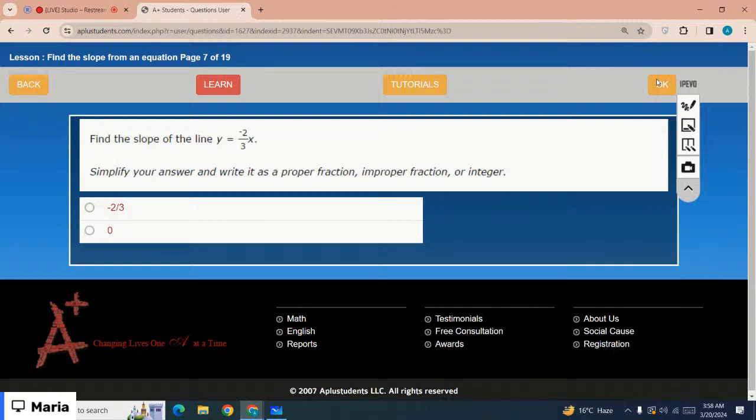Find the slope of the line y equals negative 2 over 3x. So which is the correct option? The correct option is negative 2 over 3. Option number 1 is the correct option.